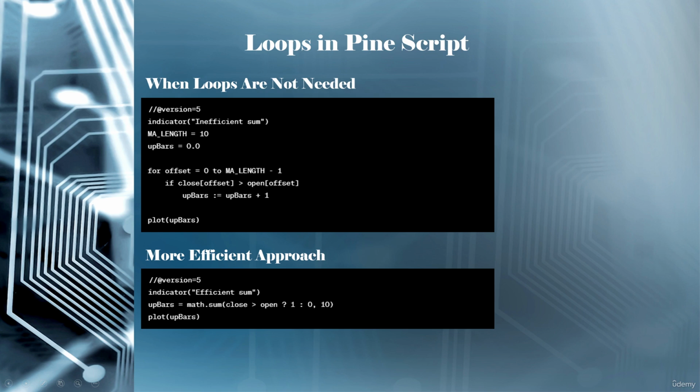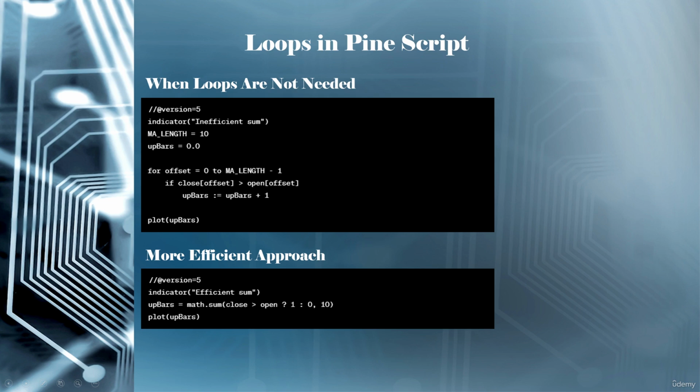However, this code can be developed more efficiently, and this iteration can be avoided. This loop can be avoided by using a different approach. So in this more efficient version, we use a ternary operator to create an expression yielding 1 on up bars and 0 on other bars.